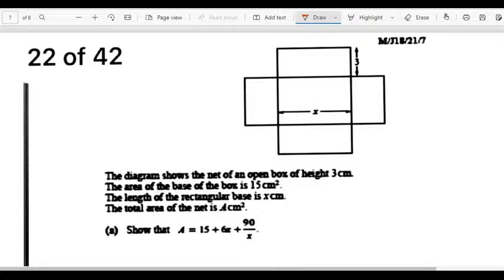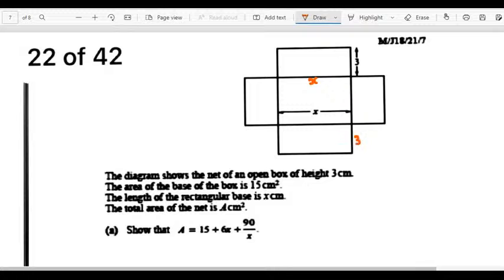Okay, now apparently they are talking about the rectangular box that is basically a cuboid. That is a 3D figure. But since they have opened that cuboid, that is why I wanted to do this example, because now it is a 2D figure. Okay, so what do we know? I'll just write down as much as I can. This is x.